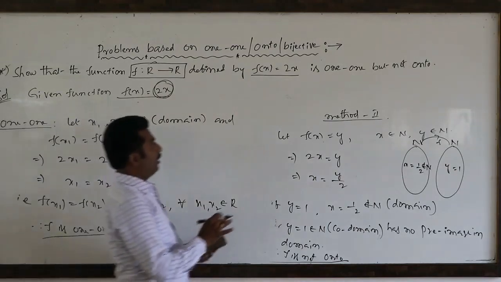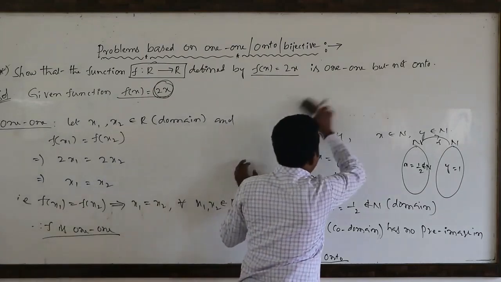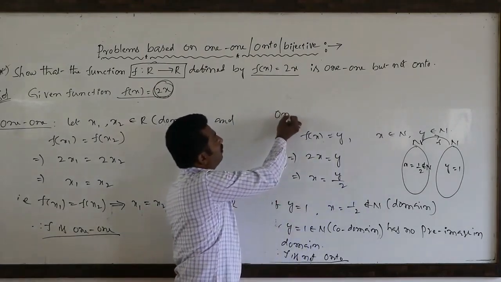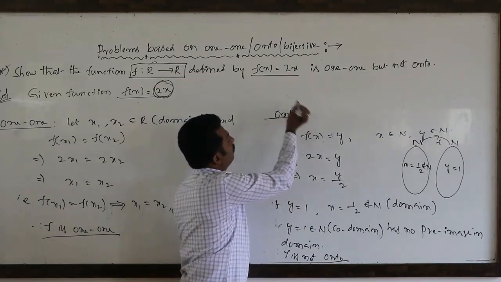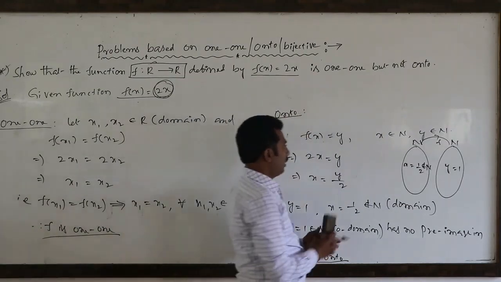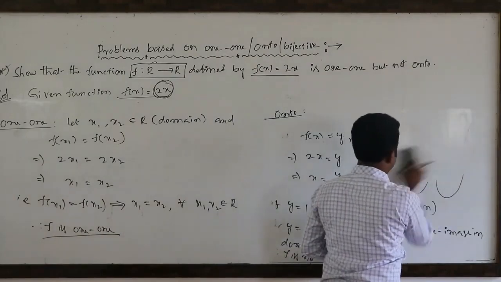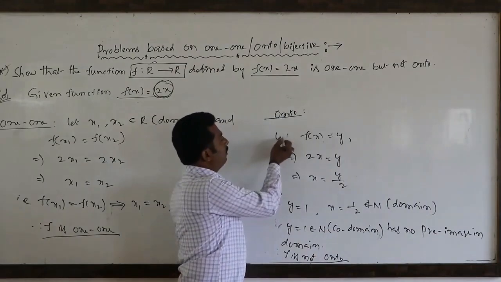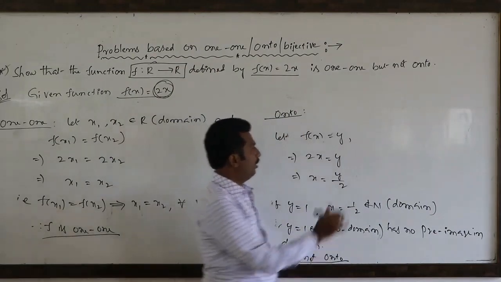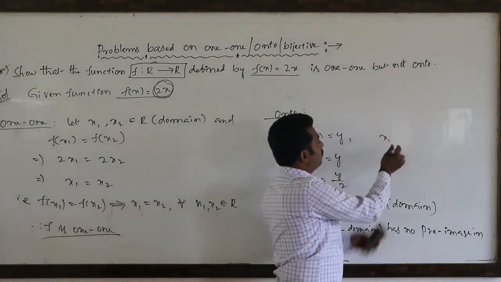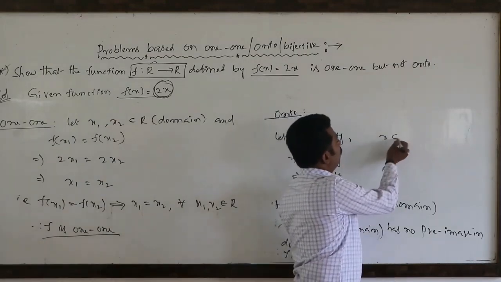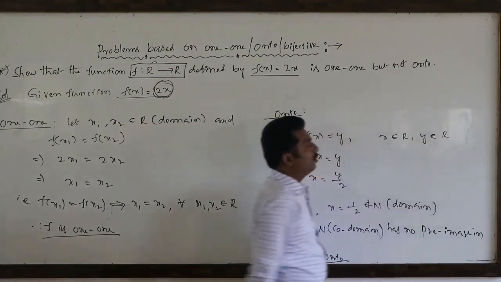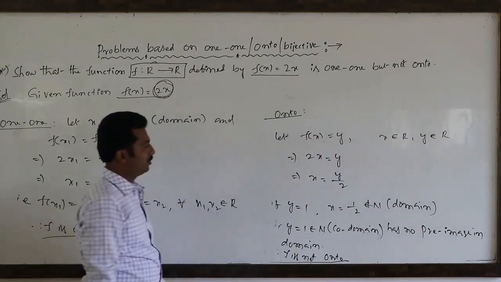Next, whether it is onto or not, the same method we follow. Procedure like this only. Let f of x equal to y, where x belongs to domain and y belongs to codomain, means real numbers.